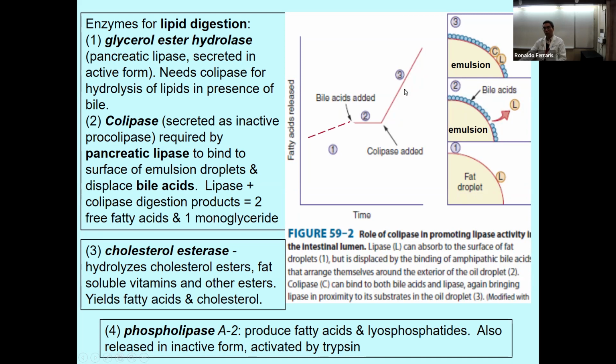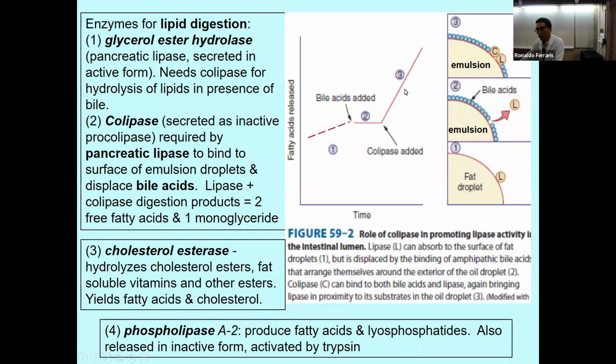The problem is when bile binds to the surface of these fat globules, resulting in emulsifying them into droplets, the bile acids not only make smaller droplets, but they're also kicking out the lipase. So in this scenario, actually the lipase has been kicked out.